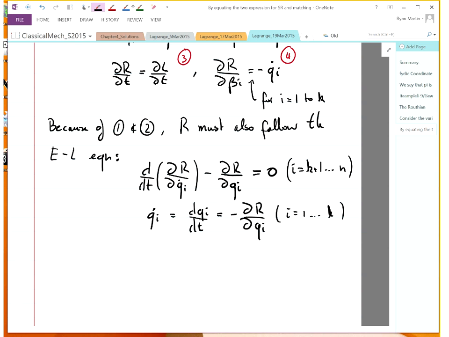For those cyclic coordinates, we can easily solve the equations of motion by applying the equation I've labeled as equation B. So once you have this Routhian, the equations of motion for the cyclic coordinates is trivial because it's just qi dot equals minus ∂R/∂beta i, sorry, that should be a beta i, not a qi.